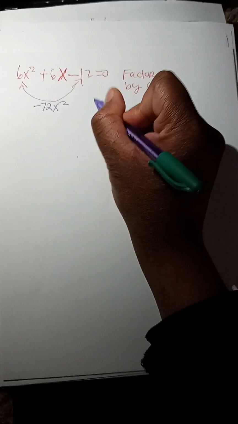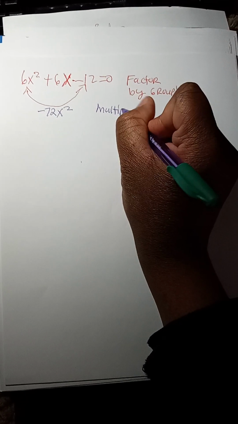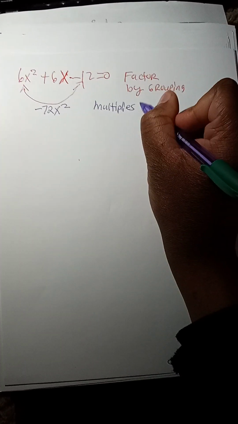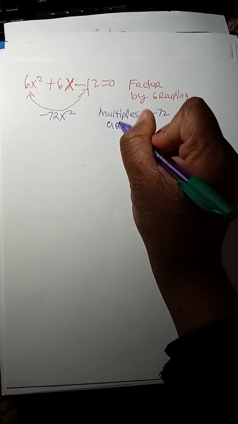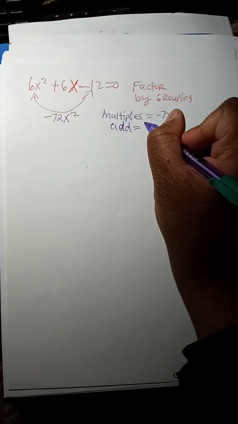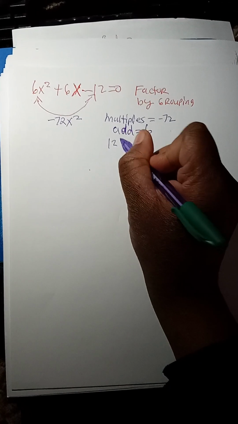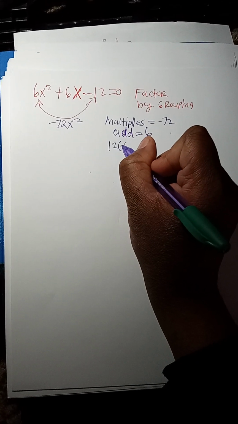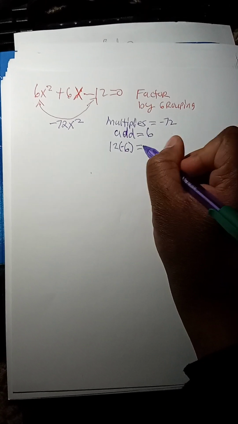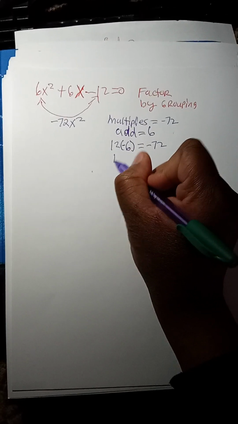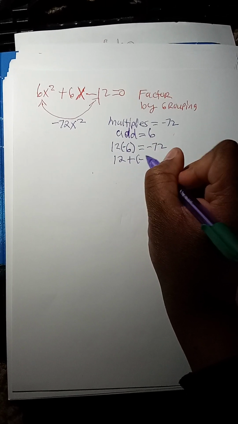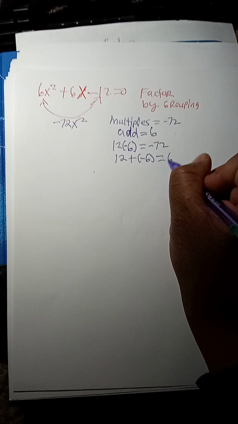Now, we need something that multiplies to equal negative 72 and adds to equal 6. Well, 12 times negative 6 is negative 72, and 12 plus negative 6 is 6.